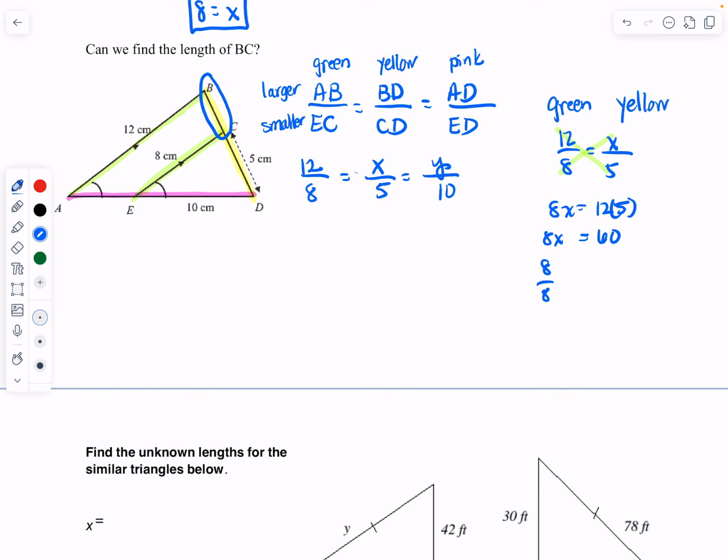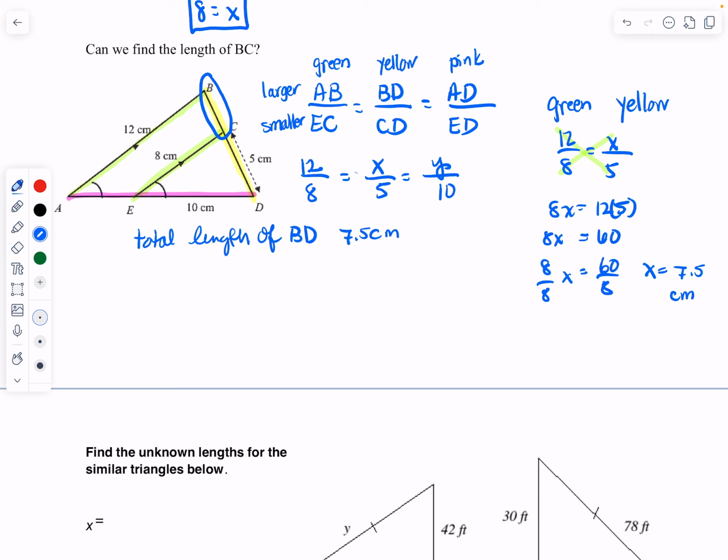Now I'm going to divide both sides by 8. And I get 7.5. And that's centimeters. Okay, so remember that didn't answer the question because I just found the total length of BD. So the total length is 7.5 centimeters.